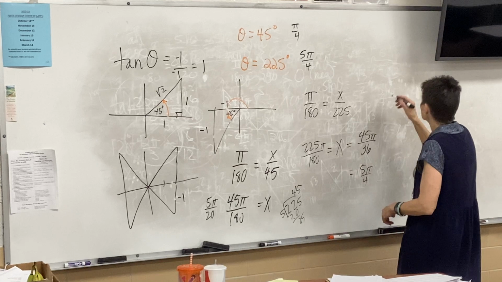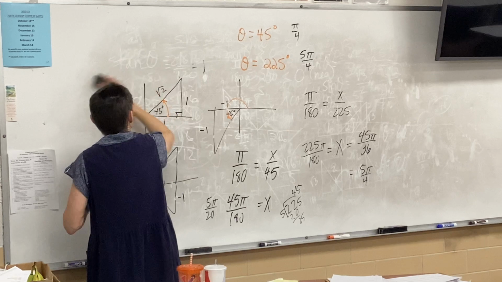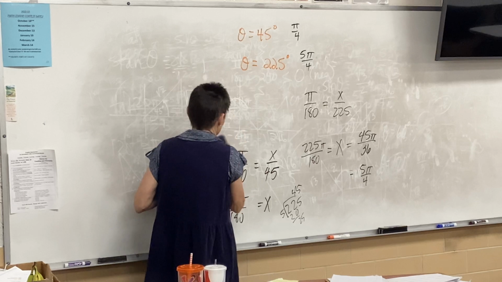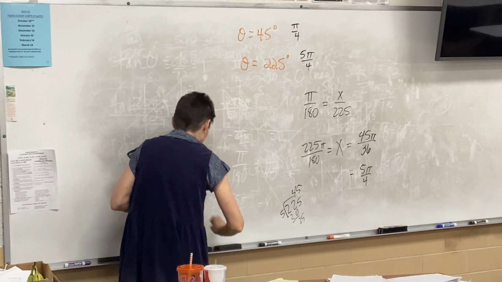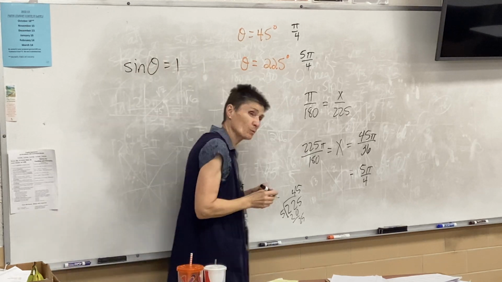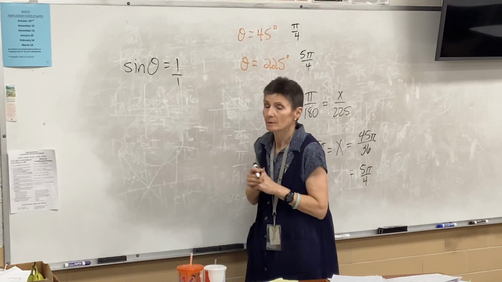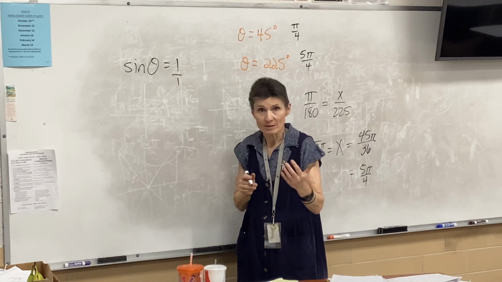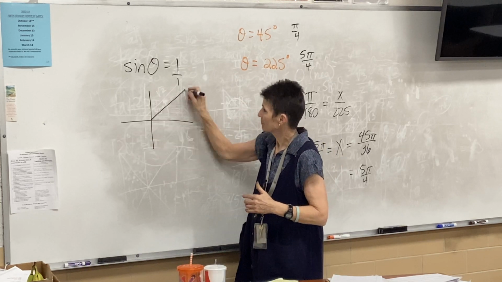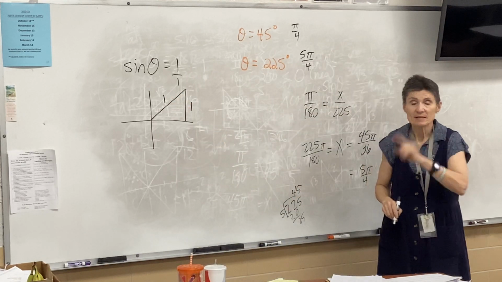Sine theta equals 1. This one is tricky. And the reason it's tricky is because, you think about what sine is, it would require the opposite and the hypotenuse to be the same.